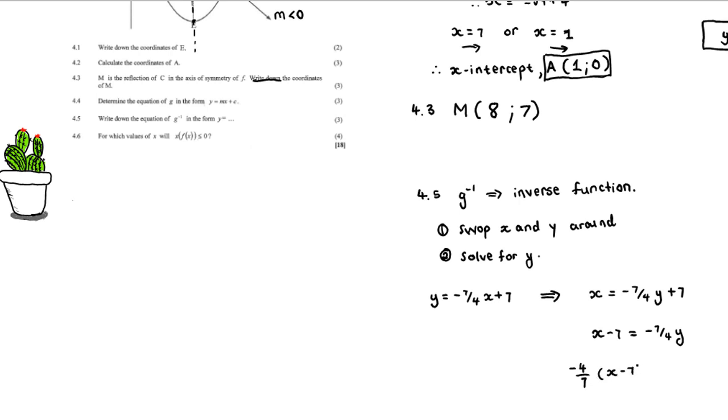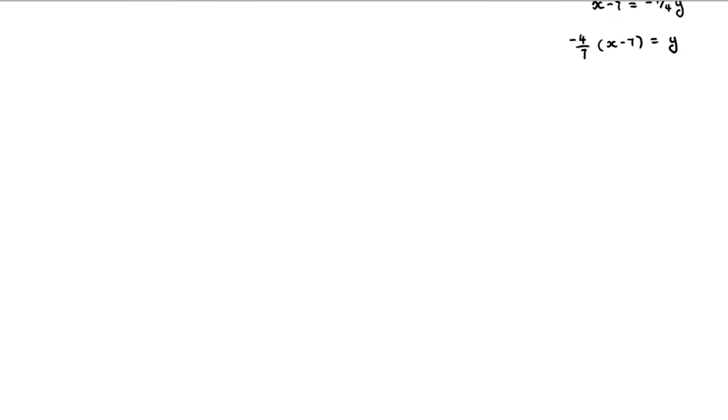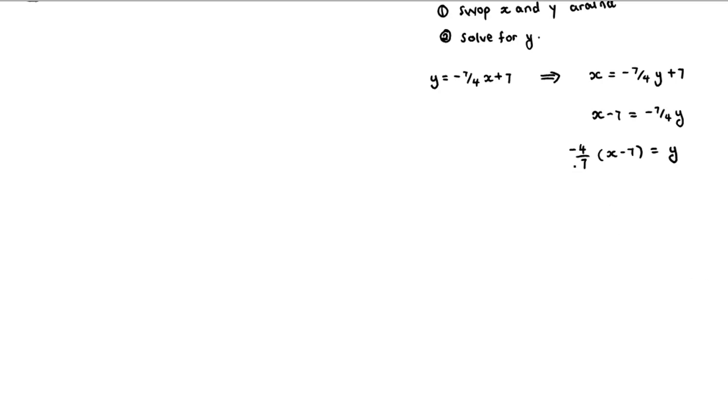So (x minus 7) times negative 4 over 7 is going to be equals to y. We're getting very close. Now multiplying this into the bracket, you get negative 4 over 7 x. Negative times a negative will give you a positive. There's a 7 in the numerator and a denominator that will cancel out. So that's going to be positive 4 is equals to y.